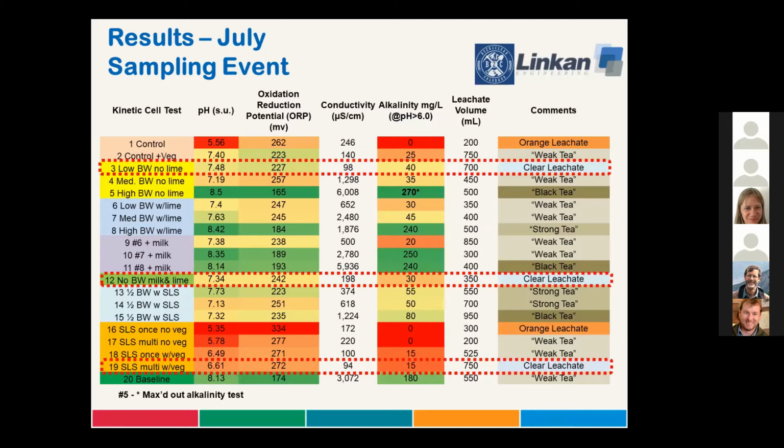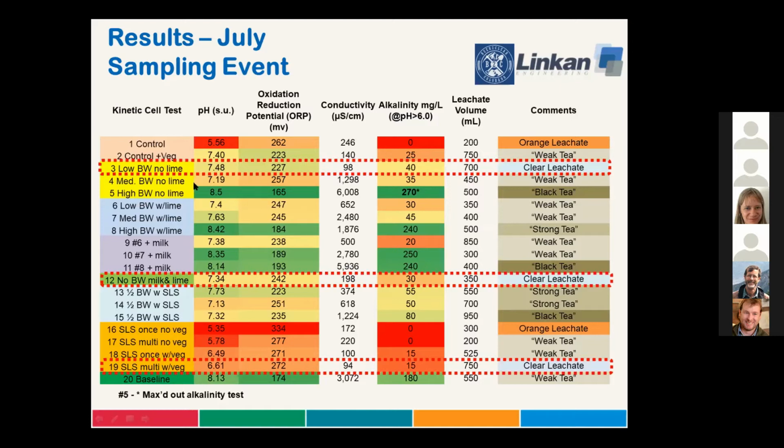And so the clear leachate cells compare favorably with the control plus the vegetation, number 2.